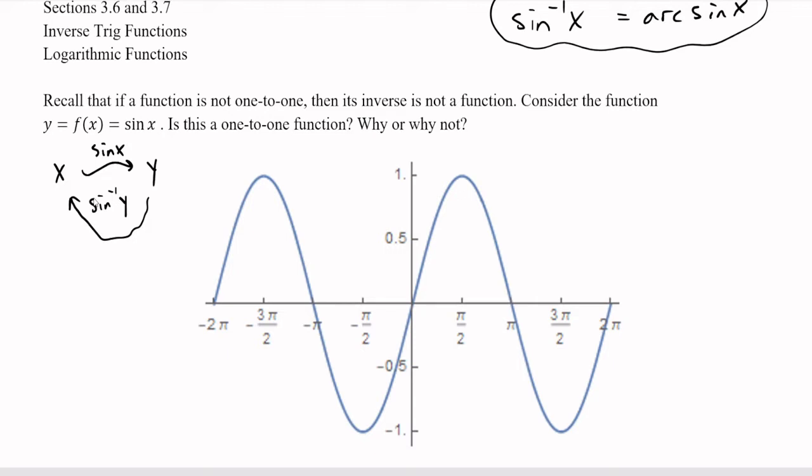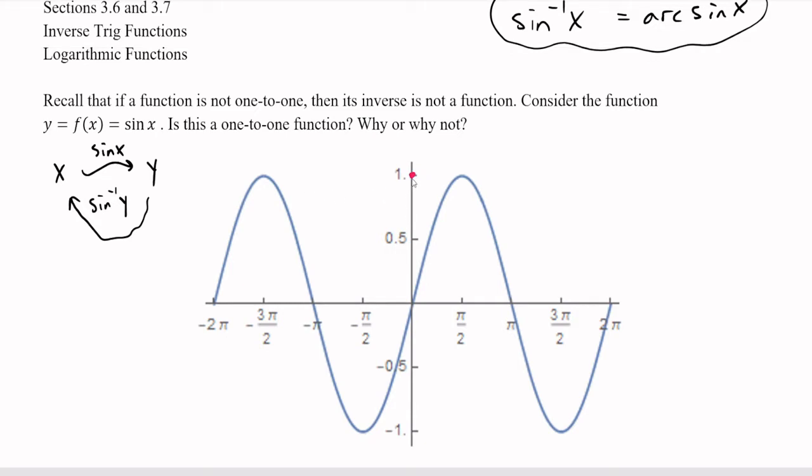Okay, you're thinking, all right, fine. There's a problem with this though, and the problem is, just try it. Pick a y value. Let's pick the y value 1 and send it backwards. So what's the point of sine inverse?